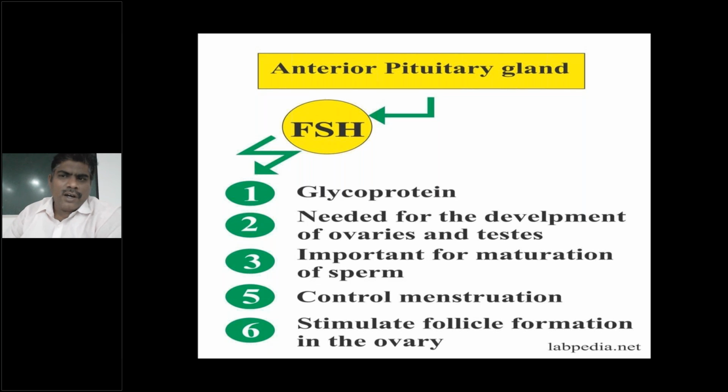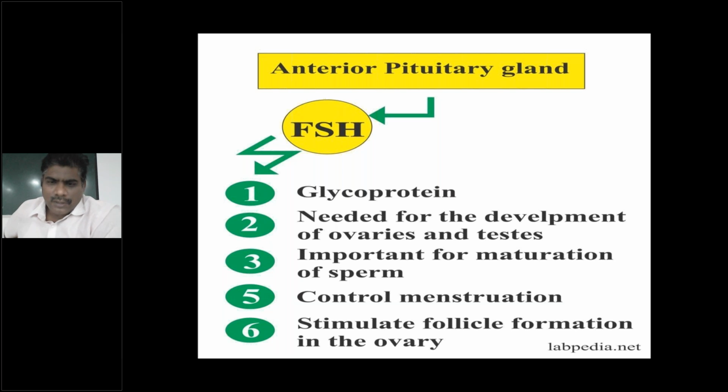Follicle-stimulating hormone is a glycoprotein hormone needed for the development of ovaries and testes, and important for maturation of sperm.